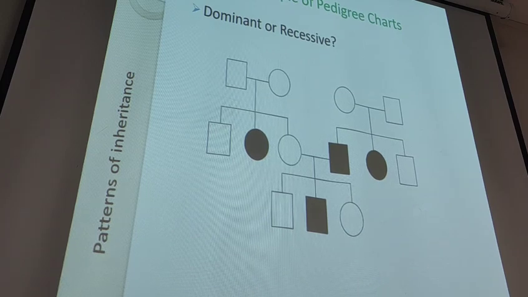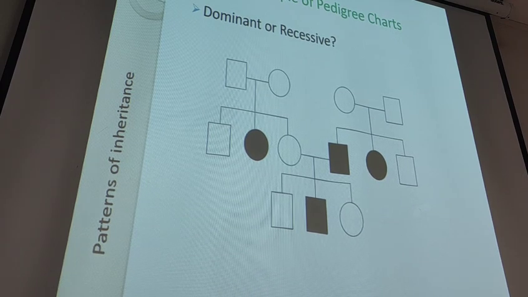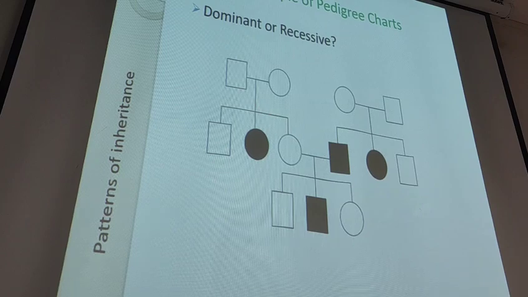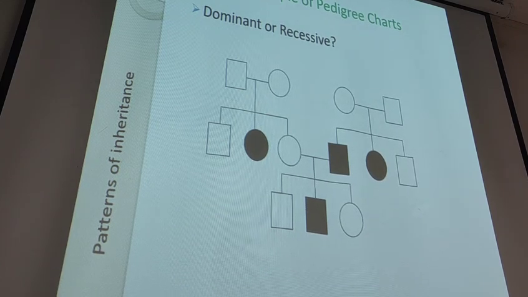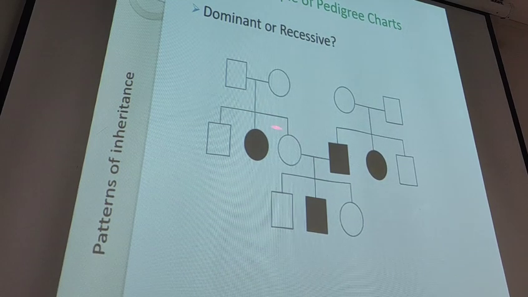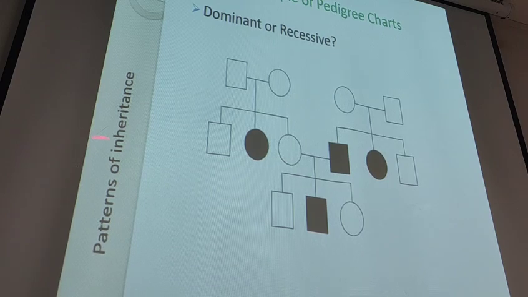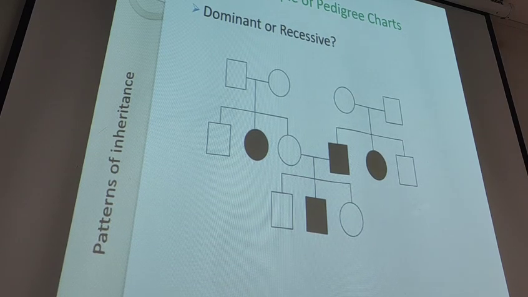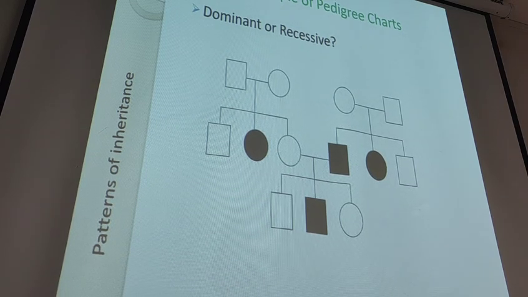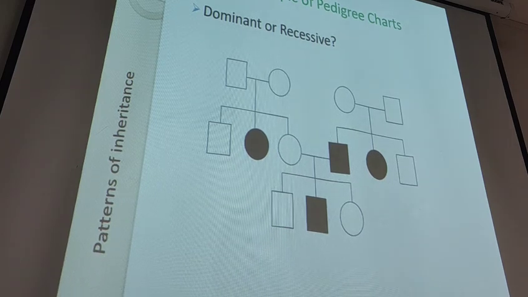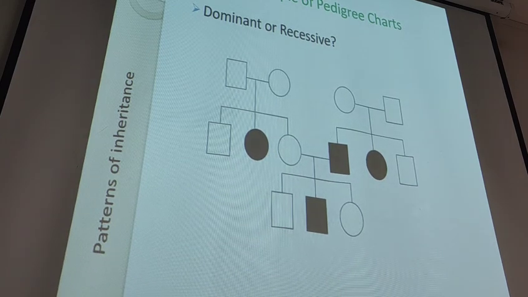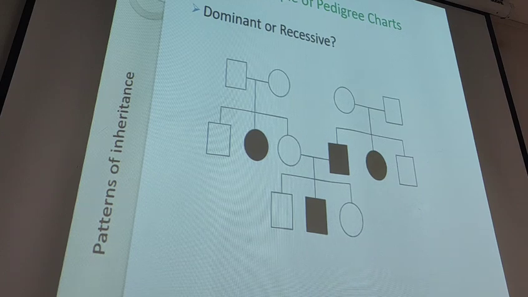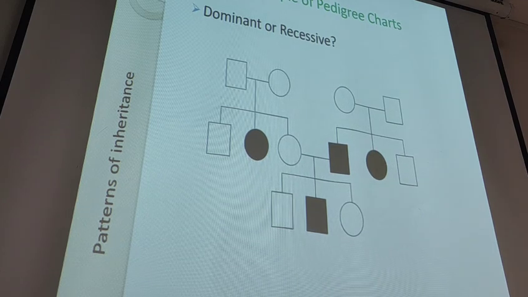So in this case, we can say the disease is autosomal recessive, and the reason this individual is a carrier may be the high carrier frequency in that population. Maybe the frequency of the mutation is high in this family. Since she has an affected sister, that means the allele is present.